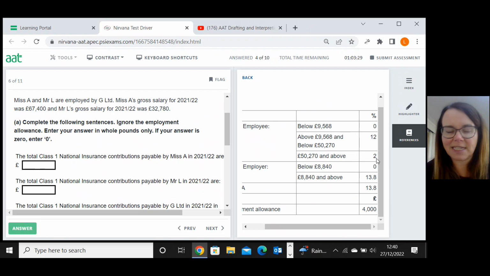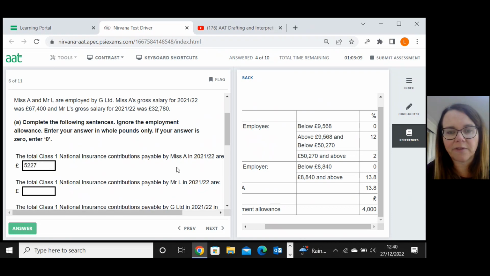Add this on to the previously calculated 4,884.24, and we have a total figure of 5,226.84. So rounding that to whole pounds gives us an answer of 5,227.